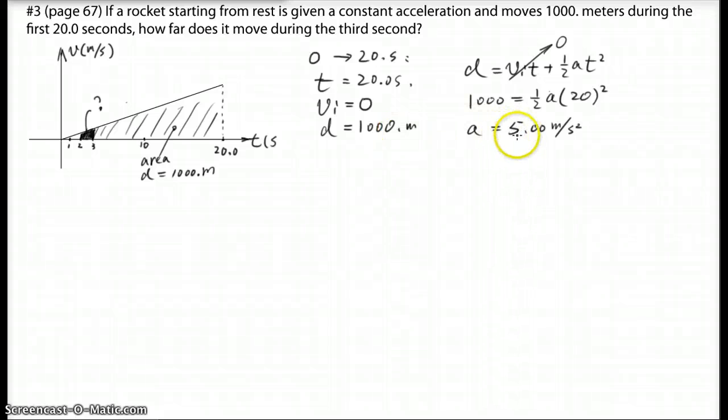And after we know the acceleration, we can find out the velocity at 2 seconds and at 3 seconds. That's one way. Another way, you can find out the total displacement traveled during 3 seconds, and then subtract the total distance traveled during the first 2 seconds.